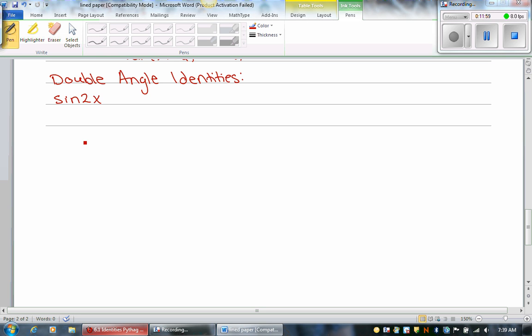My double angle, if I have sine of 2x, or 2 times the angle, this is equal to 2 sine x cosine x. Okay, and you should remember these from 11th grade from Algebra 2 trig. If we're dealing with a double angle for tangent, or tangent of 2x, this is going to be 2 tangent x over 1 minus tangent squared x.